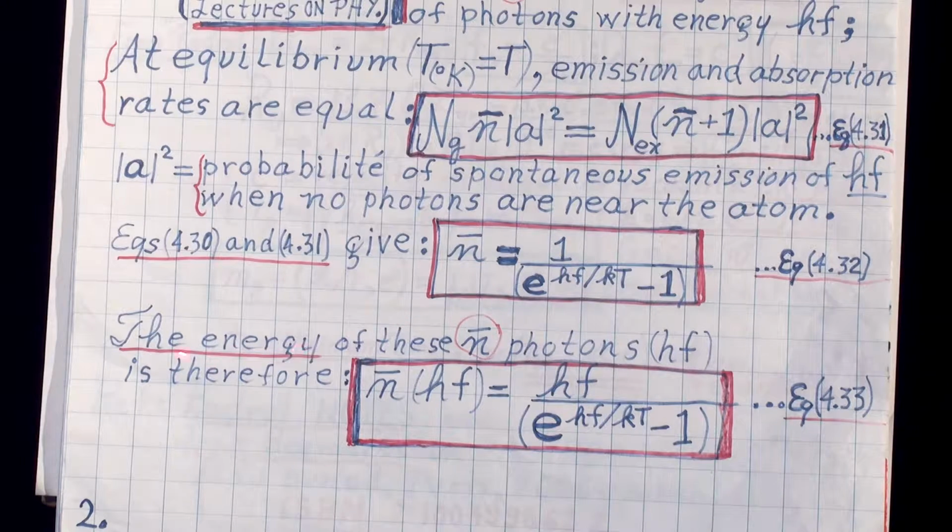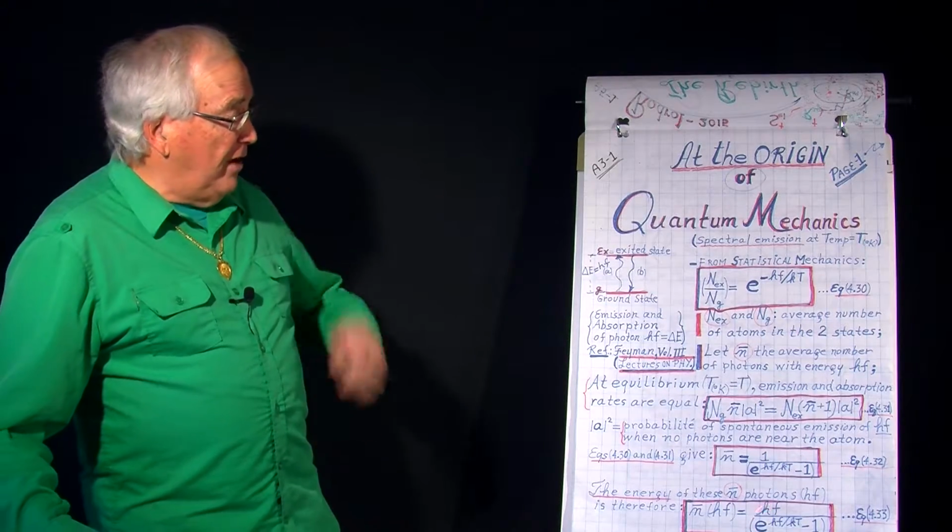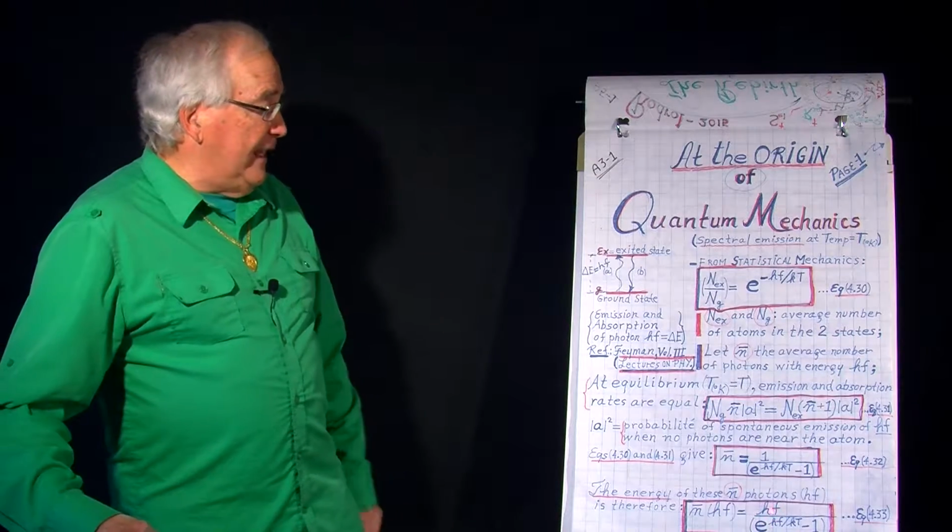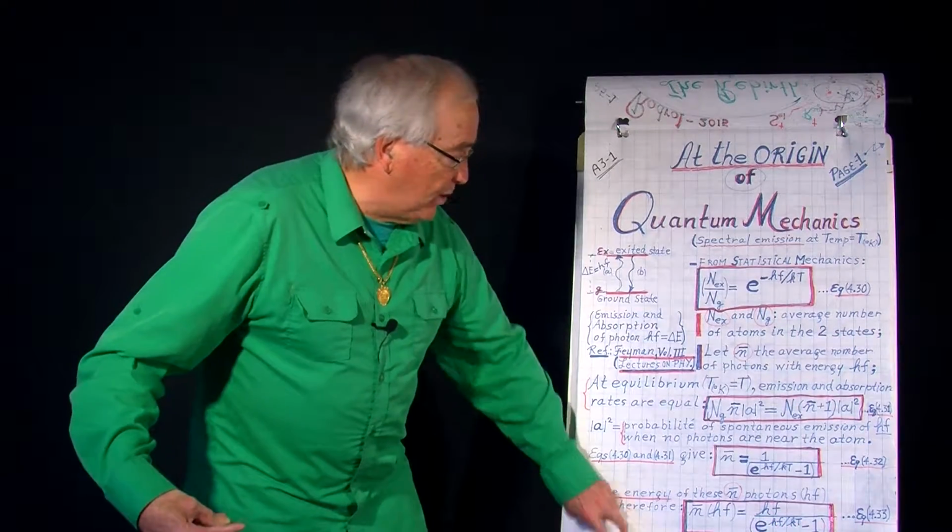So this is the average number in that state of energy at temperature T. Now the energy of these n photons HF is therefore n times HF. In other words, the number of photons in that state multiplied by the energy of 1 photon. So we have the energy of the photons in that state at that temperature.